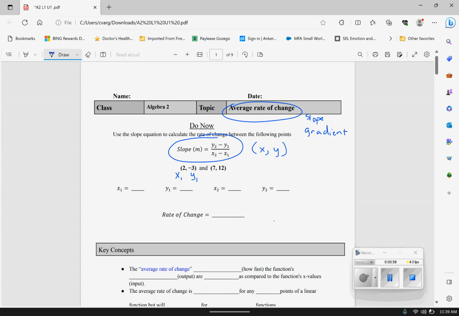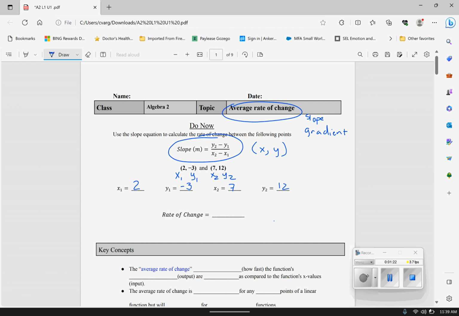And this is our second coordinate, so I'm going to call this first number x2 and y2. So the first thing you want to do is identify your x1, y1, x2, y2, and then you just write it down. So our x1 is 2, our y1 is -3, and our x2 is 7, our y2 is 12.